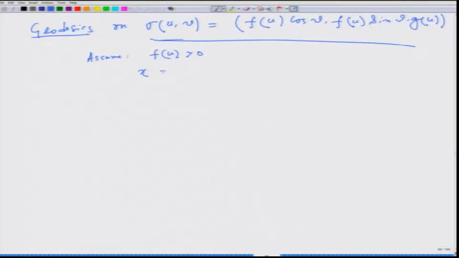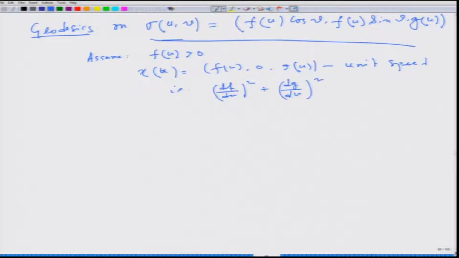So, my curve gamma is (f(u), 0, g(u)), and I will take it as usual to be unit speed, that is (df/du)^2 + (dg/du)^2 = 1.